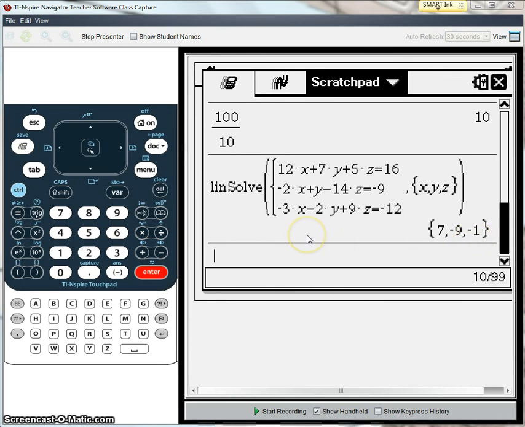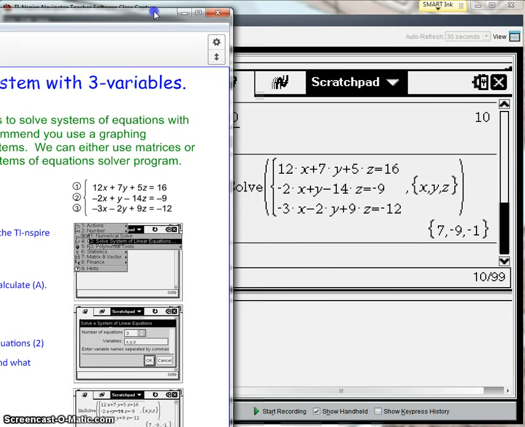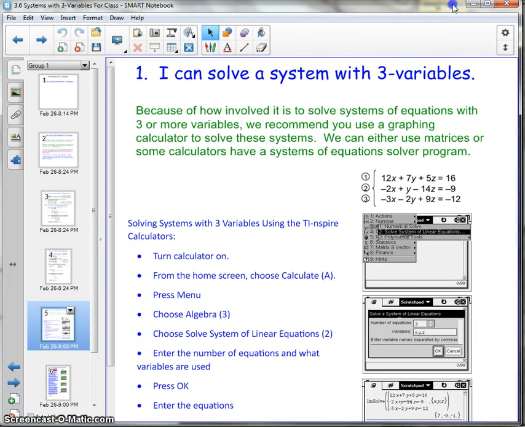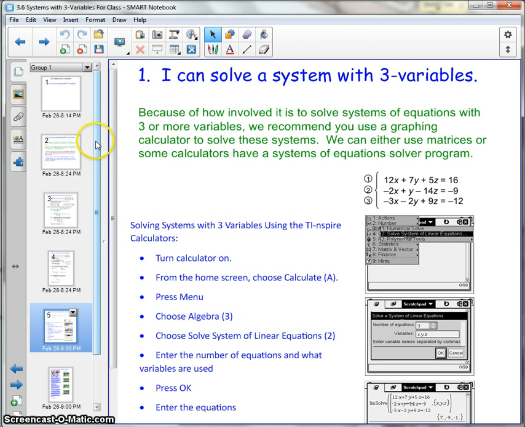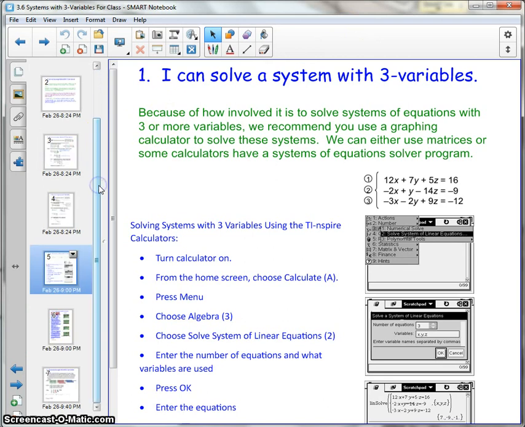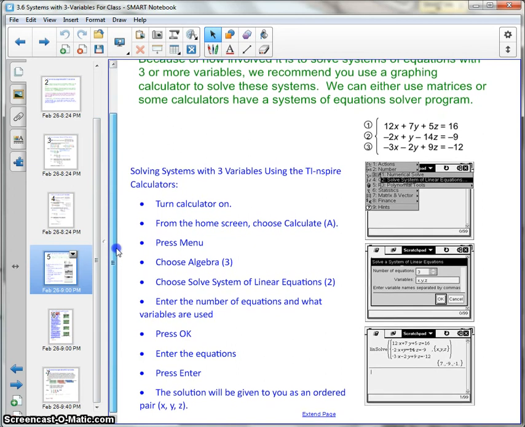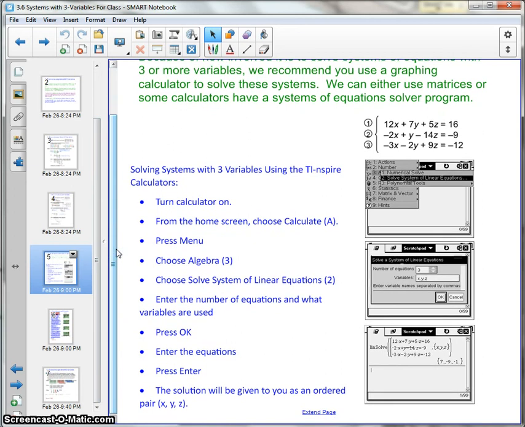So we can see by just doing this with our TI Inspire calculators, using this solver program, we can easily get our solution. So let's go back to our notes a minute. As I said before, we're going to look at more examples tomorrow. Since most of you don't have calculators like these at home, we'll practice these tomorrow in class.